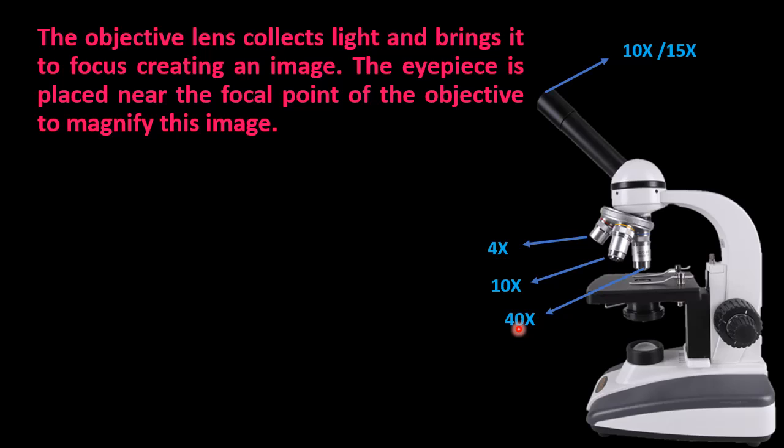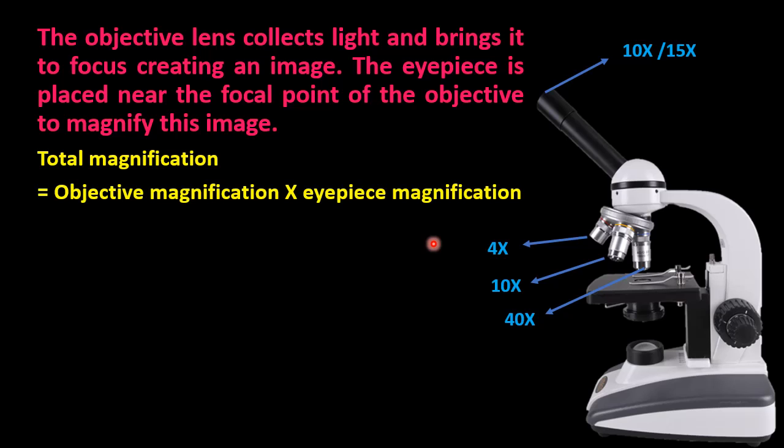Then the total magnification will be the product of the magnifications of its lenses, which equals the objective lens magnification times the eyepiece lens magnification.